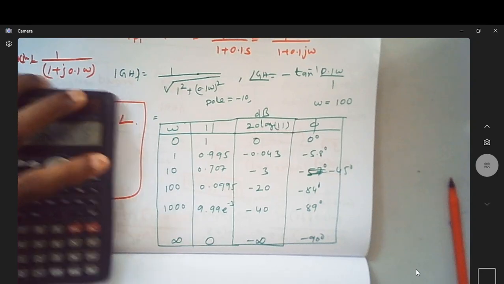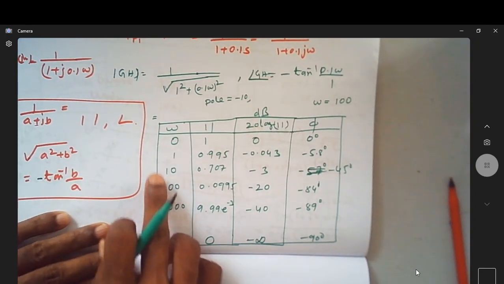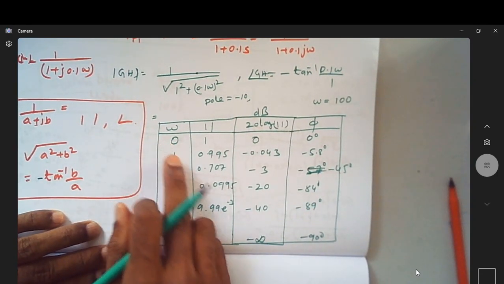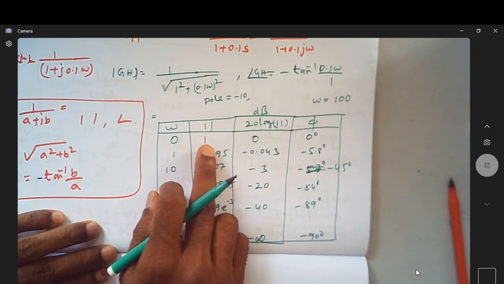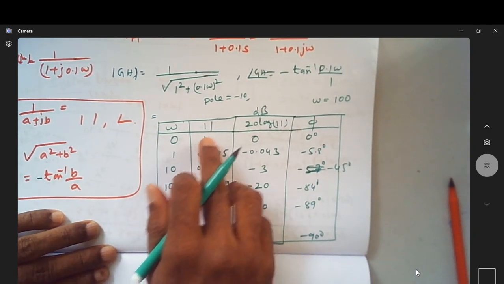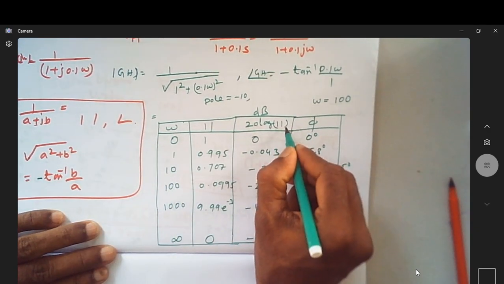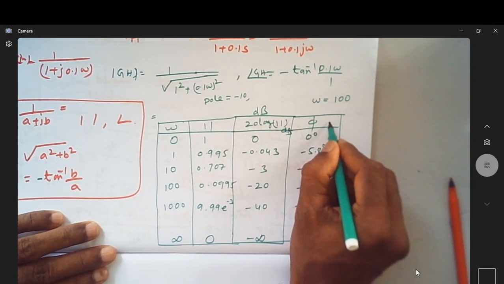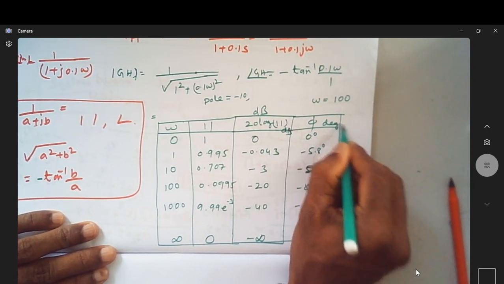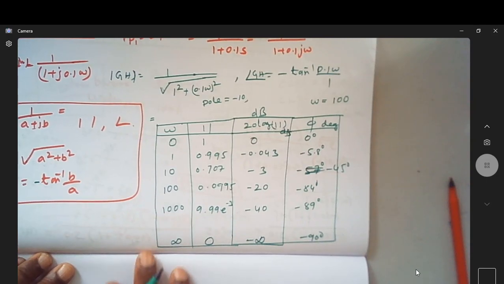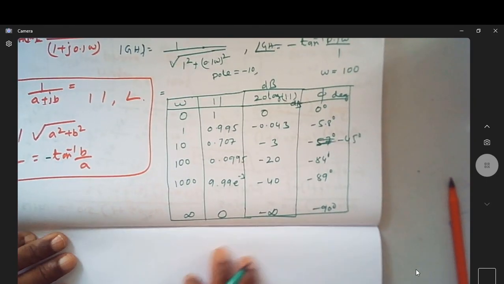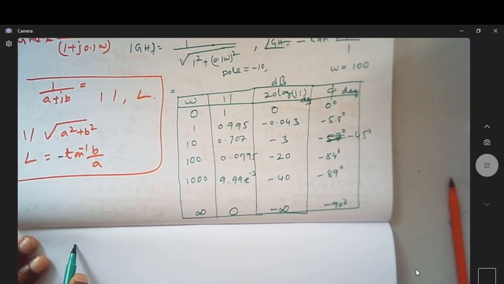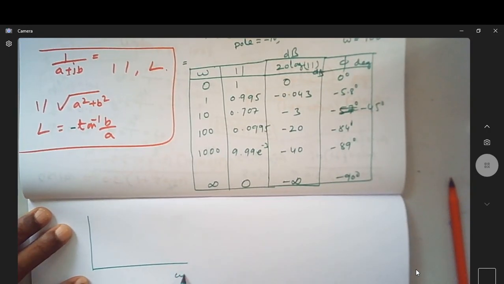So what we are trying to do is find out the magnitude for different values of omega, the absolute value, and this is in dBs, and this is the phase angle in degrees. If you summarize this, let me write it for different values of omega.